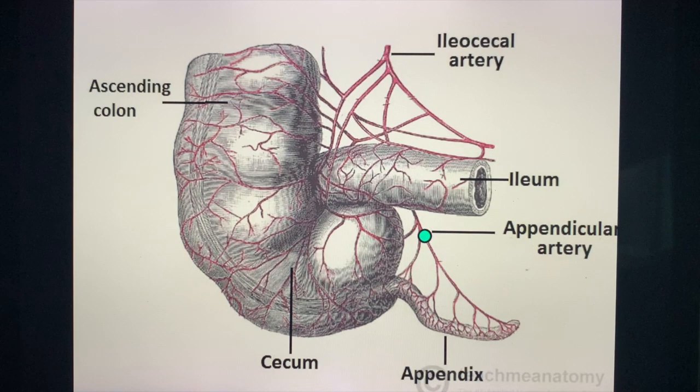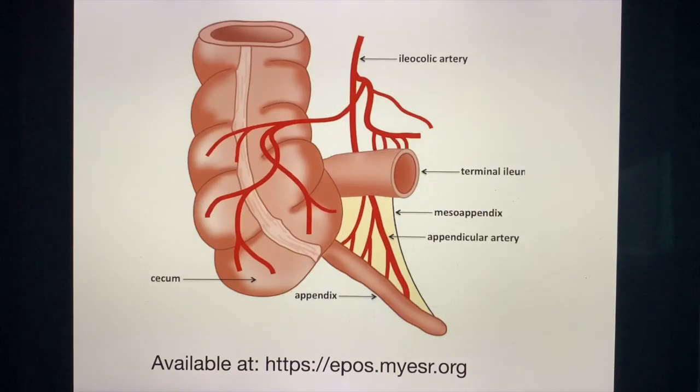So this is now your appendiceal artery, which supplies the appendix. Now here's the ileocolic, and there's the appendiceal artery. Now please take note of this structure known as the mesoappendix. So this is the mesentery which covers the appendix.